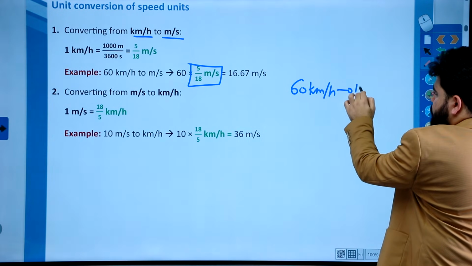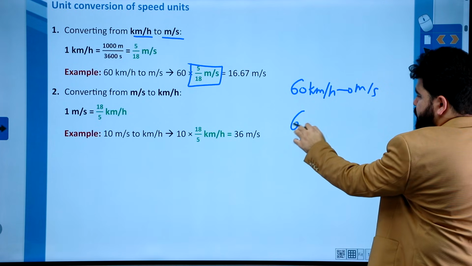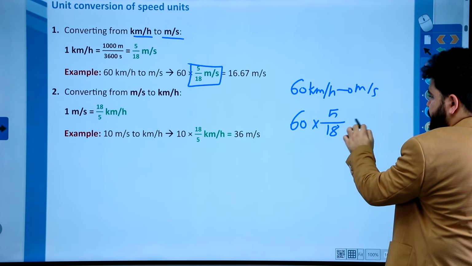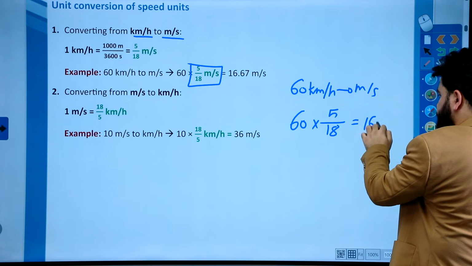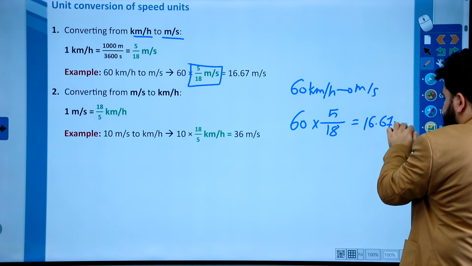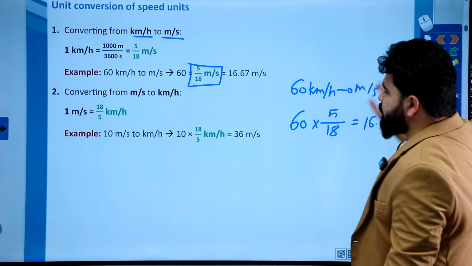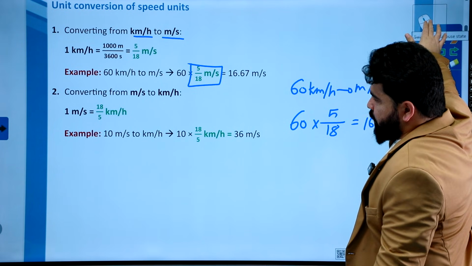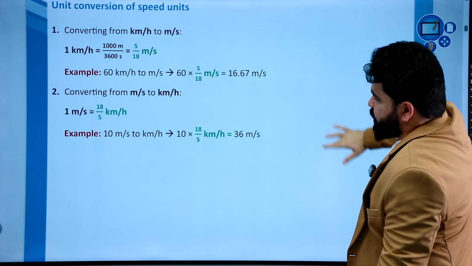You are changing this to meters per second. So 60 multiplied by 5 divided by 18. So you have 16.67 meters per second. And if you change meter per second to kilometer per hour, it's 18 divided by 5.